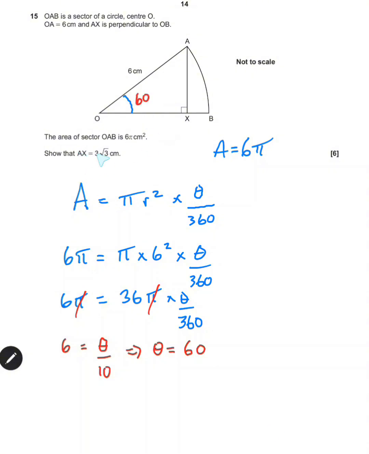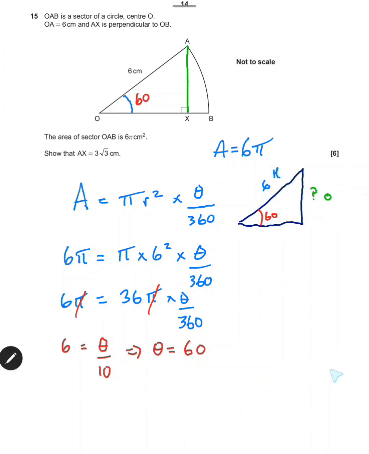We're now looking to work out AX, so I'm looking for this measurement. What I'm going to do is just draw that triangle out again. So we've got that. We're looking for this length. We know this is 6. We know this is 60. This looks like trigonometry to me. So we've got my opposite across from the angle. The longest side is the hypotenuse.